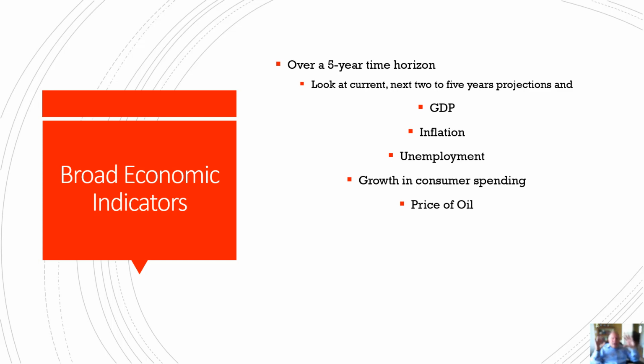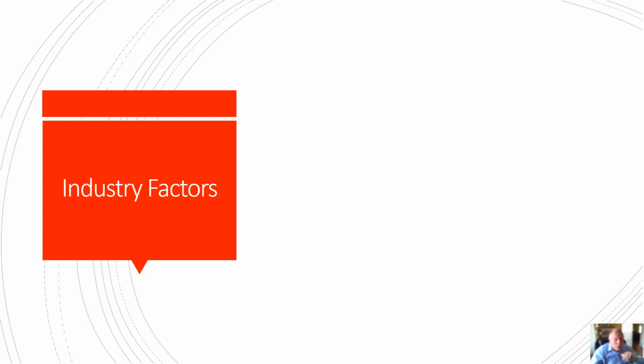Now, remember, each one of these macro factors impacts companies slightly differently. So you have to take what we're going to talk about in the next lecture, the application, and apply it to your company. Okay? Then there are industry factors.